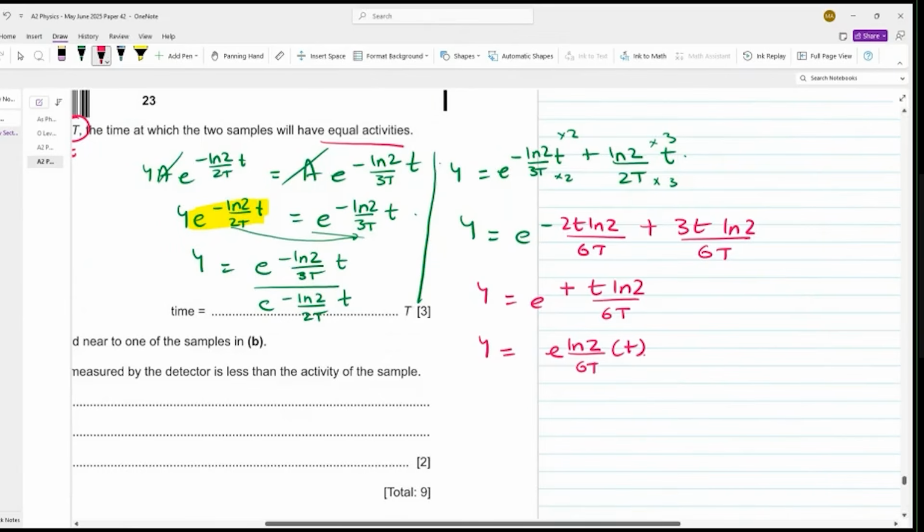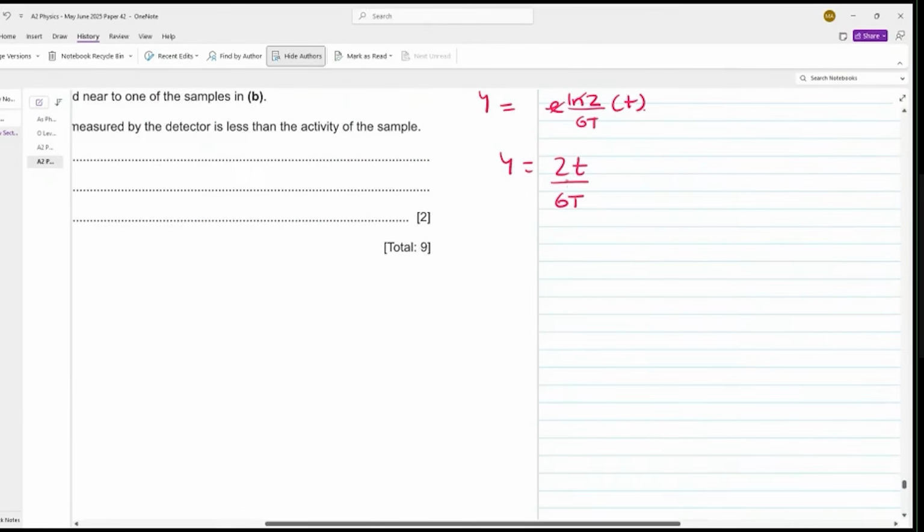What will we further do? ln and E get cancelled out. 4 is equal to 2t divided by 60. What else is remaining? 24 capital T is equal to 2t. T comes out to be 12t as your answer.